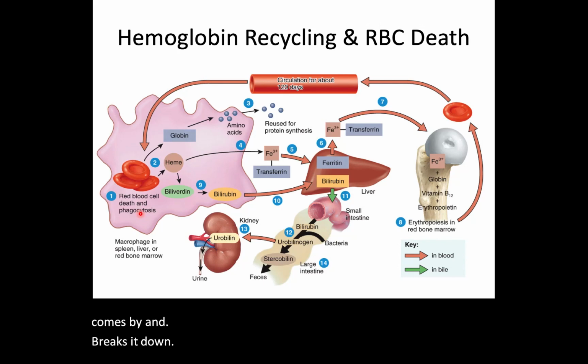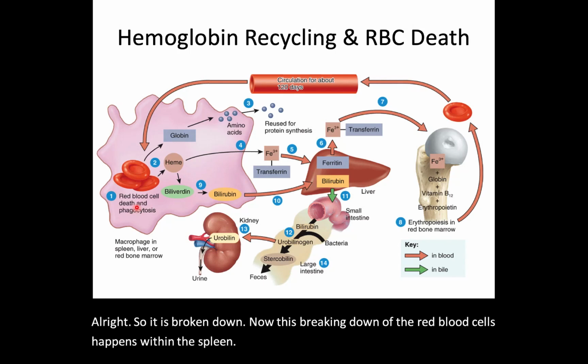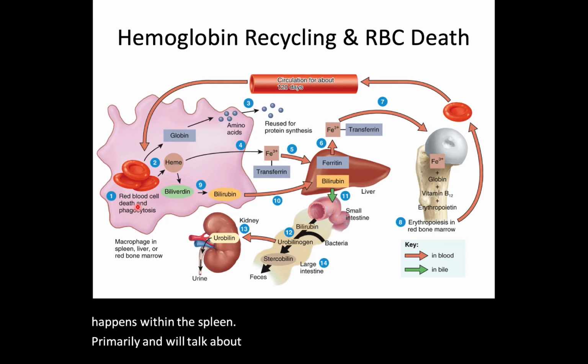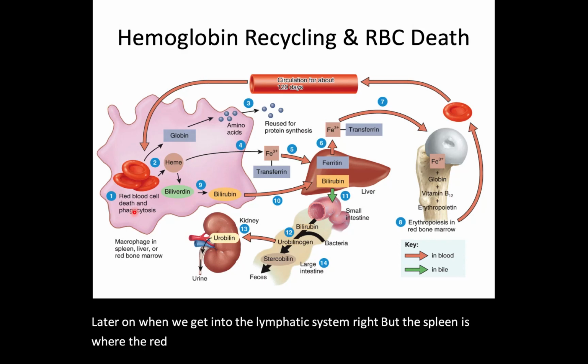All right, so it is broken down. This breaking down of the red blood cells happens primarily within the spleen, and we'll talk about this later when we get into the lymphatic system. The spleen is where the red blood cells go to be broken down.